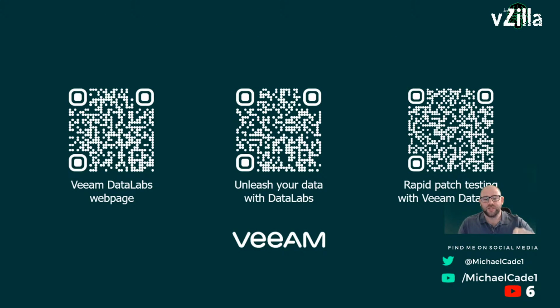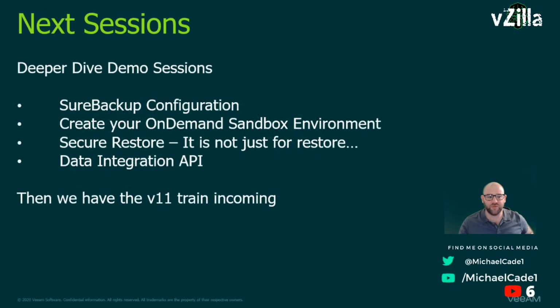I believe that middle QR code is a link to some white papers on veeam.com that go into detail on the network configuration, but I appreciate that not everyone wants to read those technical reports, especially in the day and age of YouTube, and we can just chat about what it looks like and what we do. There's also so much content out there around this already.